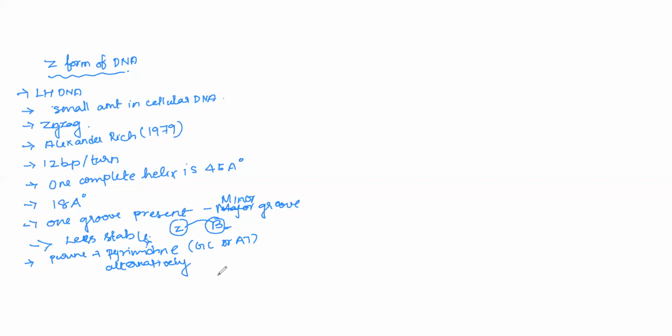Now, its repeating units are dinucleotides against a mononucleotide. So in the B-DNA, it is mono. Here, it is the dinucleotide. Let me just write it like this. Dinucleotide repeating units.